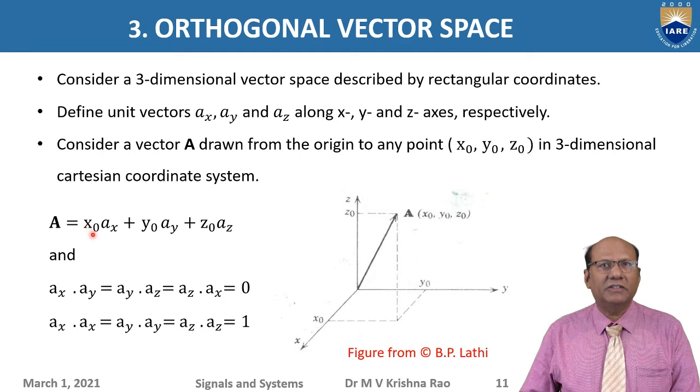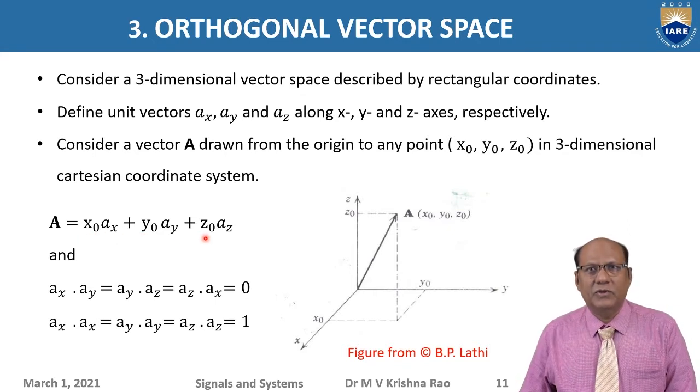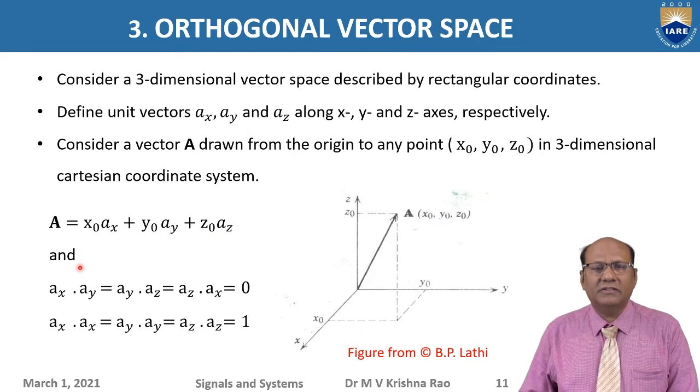This quantity is x0 ax, where ax is the unit vector along the x-axis. Similarly, I have y0 ay plus z0 az. These three components put together, I call a vector. So this arbitrary vector A is formed from three components along the three orthogonal axes in the coordinate system. These axes are orthogonal to each other.